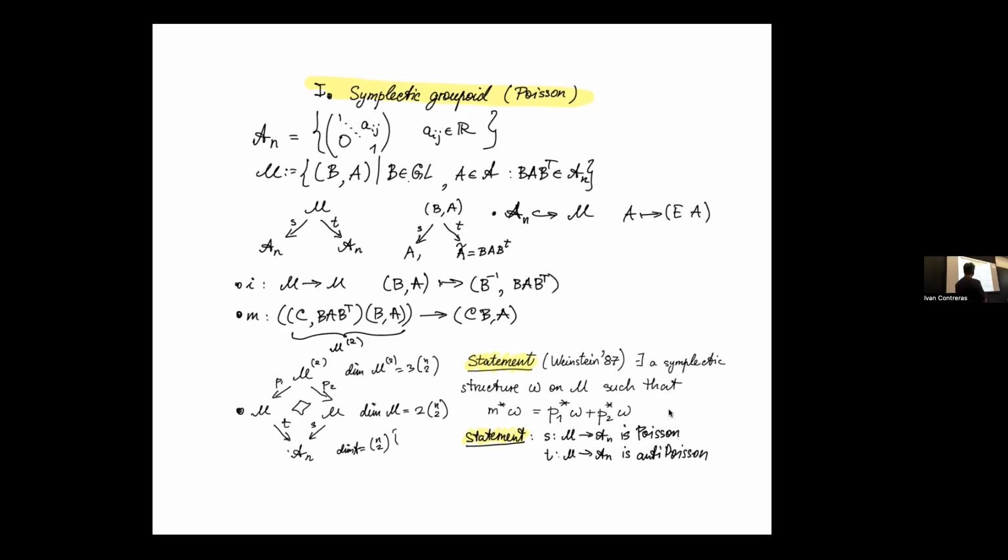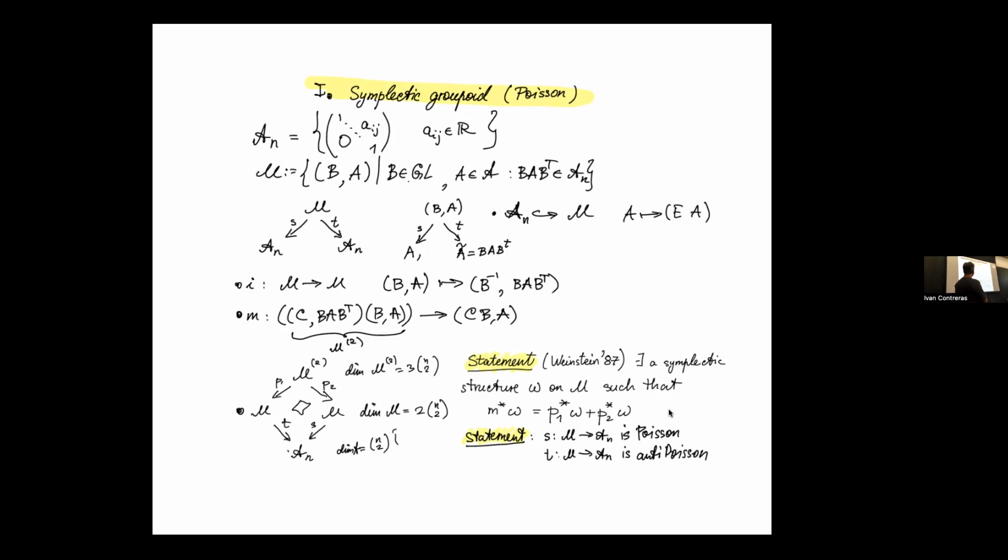We also can consider a multiplication map on the set of pairs. When we consider the pairs C, B, A, B transpose and B, A, we can compose them together into the pair C, B, A, sort of like multiplication. The set of all such compatible pairs we will denote by M2.